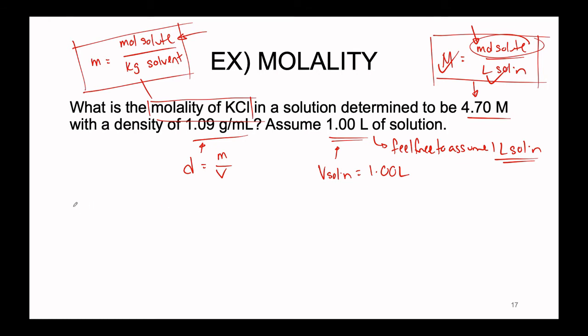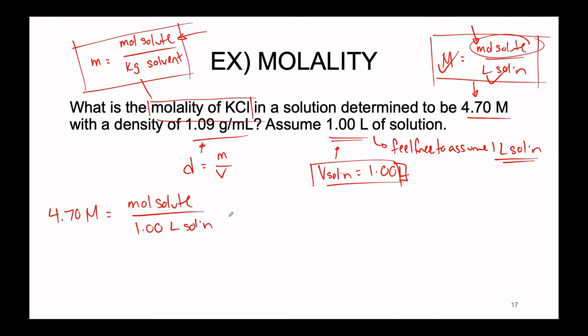Let's plug in the values into our equation explicitly. 4.70 capital M is equal to moles of solute divided by the volume of solution in liters, 1.00 liters of solution.